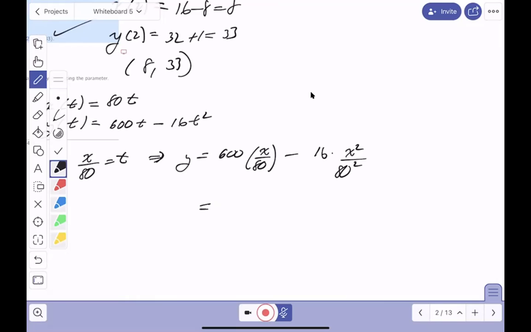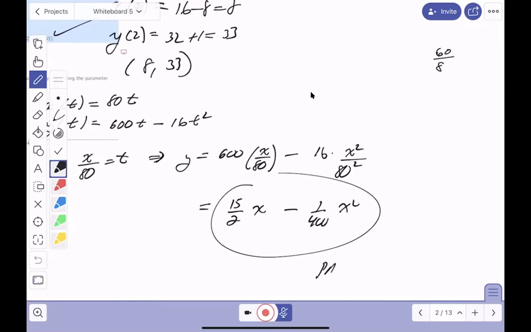So we get 600 over 80, I'm doing some work over here on the side, so it's going to be 15 halves x. And I think you remember me doing this before. That's going to be minus 1/400 x squared, which is still an equation of a parabola.